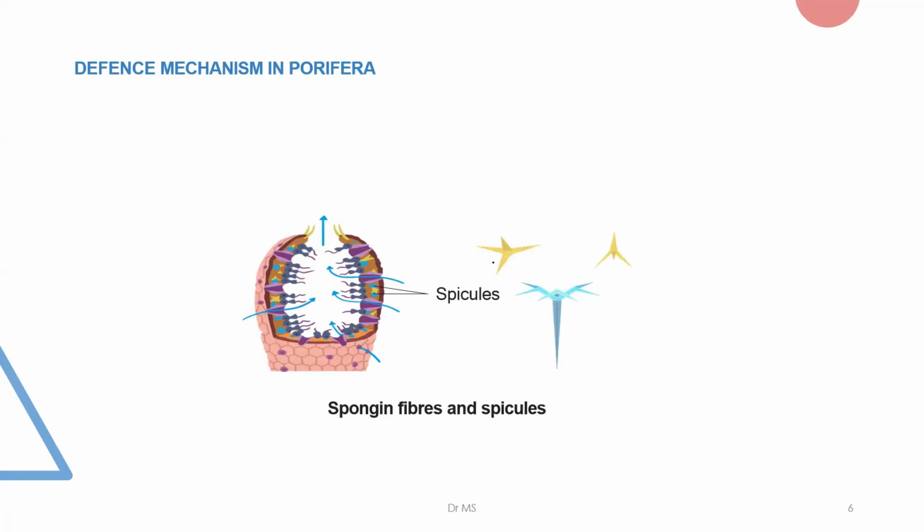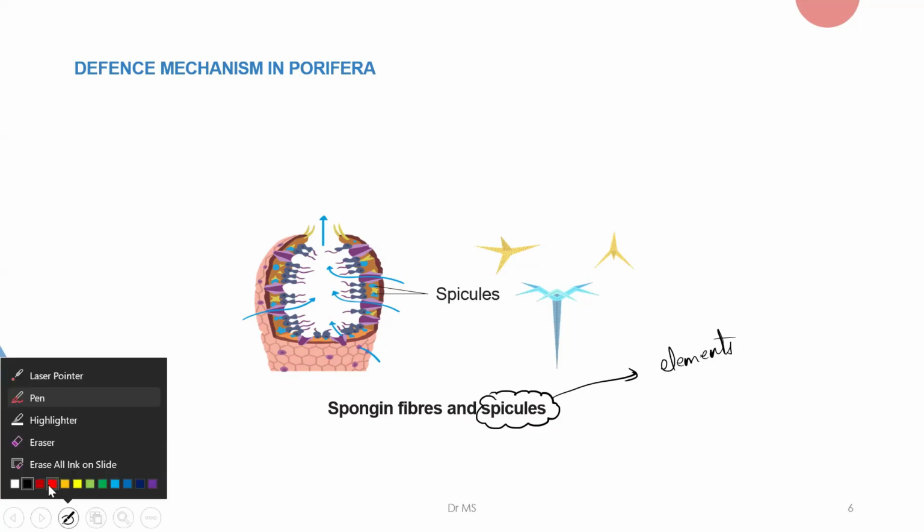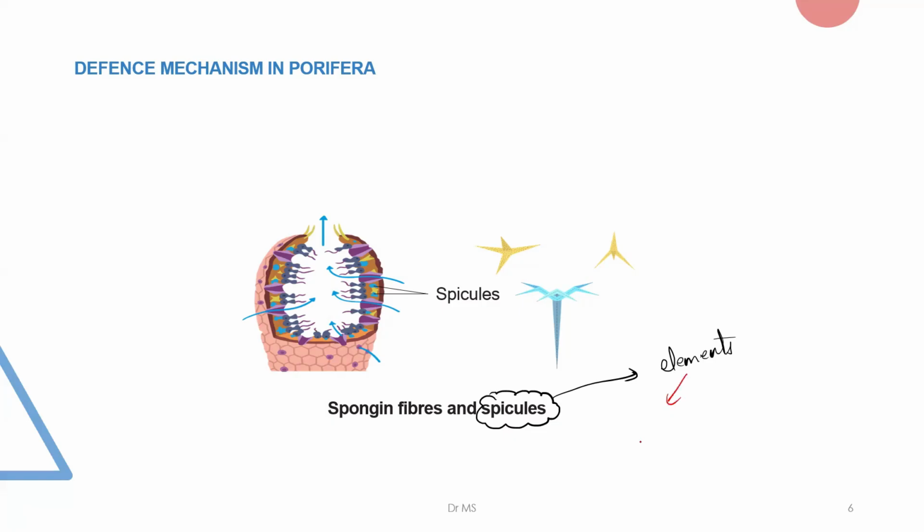Yes, sir. And they also show the defense mechanism with the help of things called the spicules. So what are these spicules? These are a kind of elements which will do two functions. One, they will give the structural support.